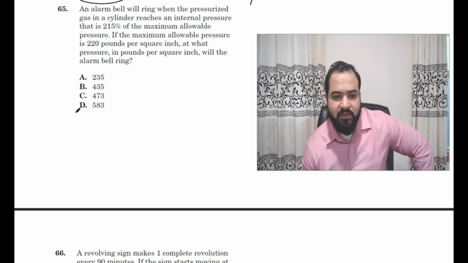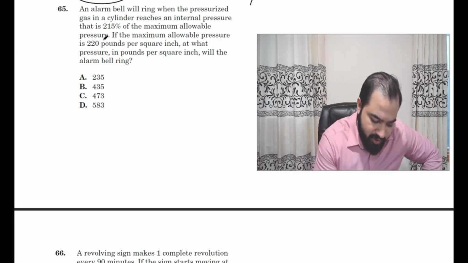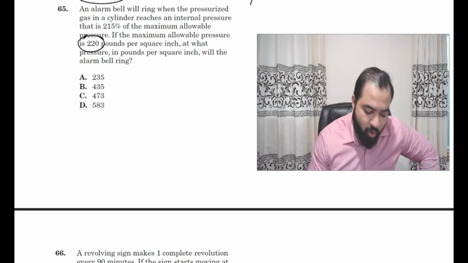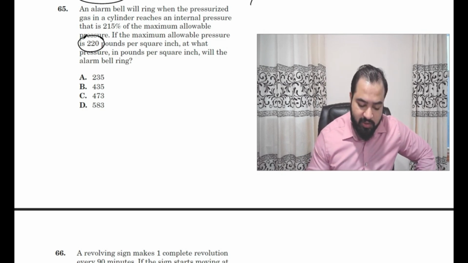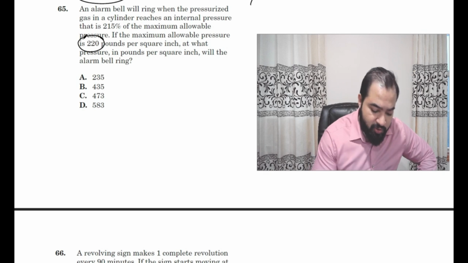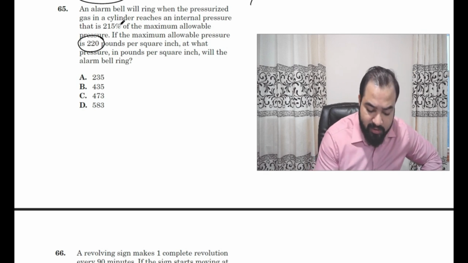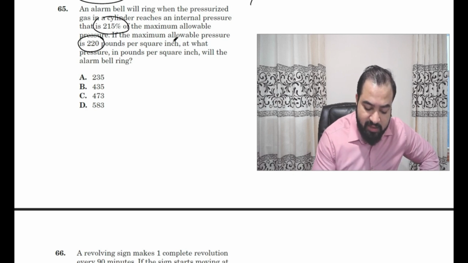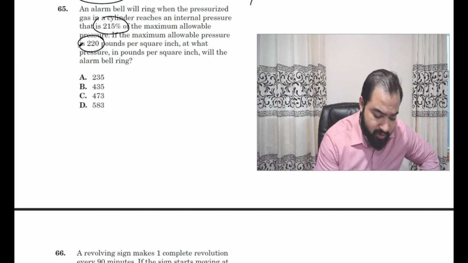The maximum allowable pressure is 220, they gave it to you. Then at what pressure in pounds per square inch will the alarm bell ring? So we know the alarm bell rings when it's 215% of the maximum allowable pressure, which is 220 here.